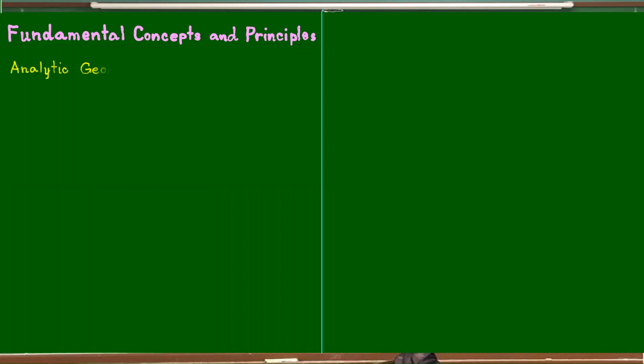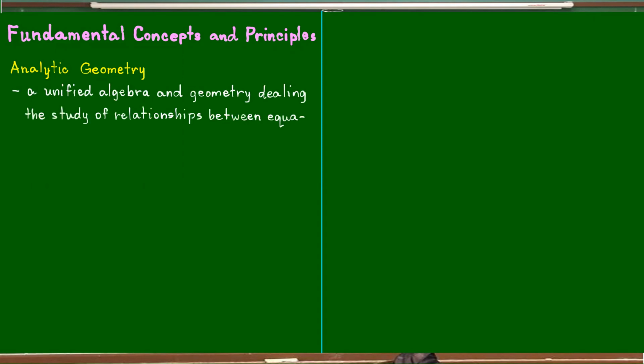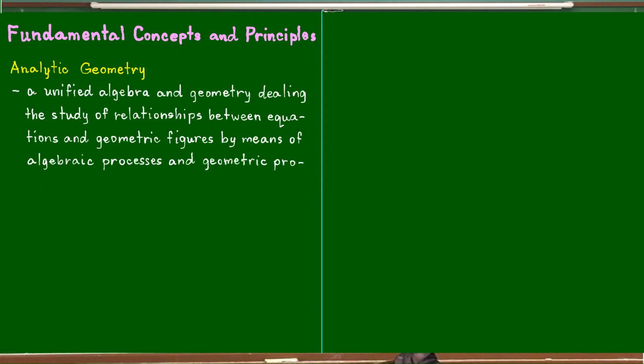So what is analytic geometry? It is a unified algebra and geometry dealing with the study of relationships between equations and geometric figures by means of algebraic processes and geometric properties in relation to a coordinate system.